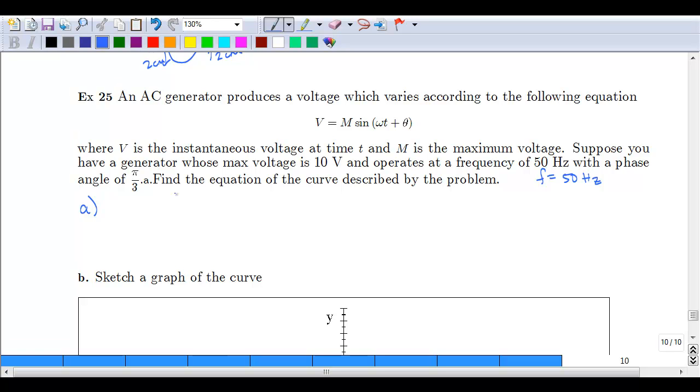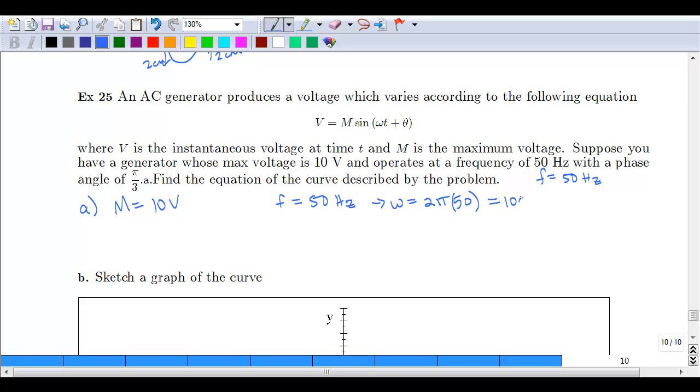So again, in this case, we are told our amplitude, our max voltage, was 10. We know our frequency is 50 hertz. And we know that omega is 2 pi times our frequency.